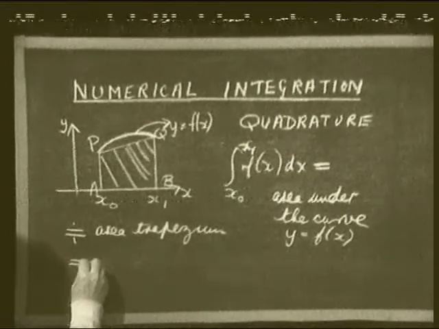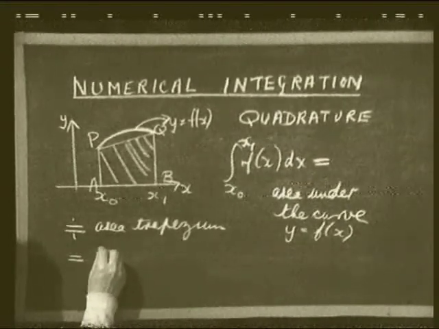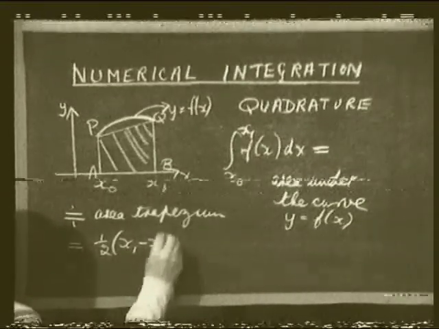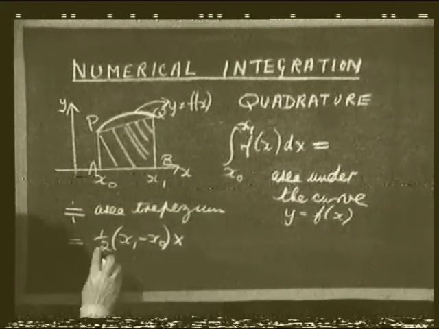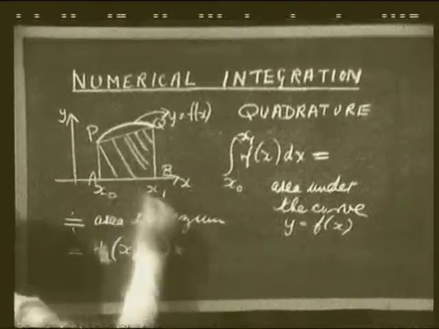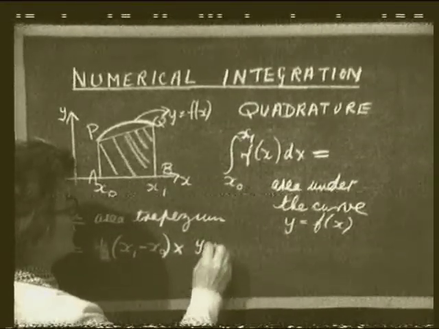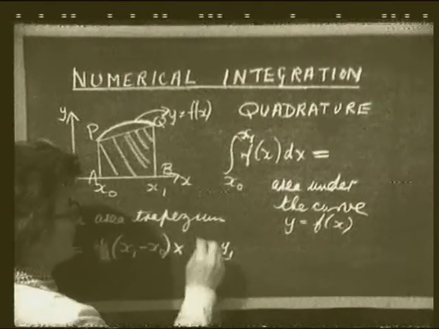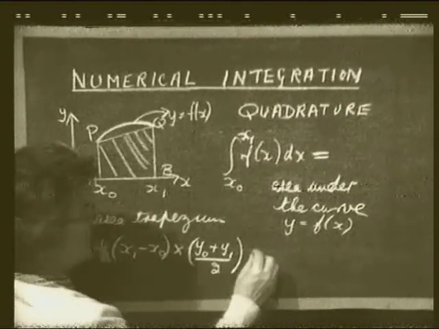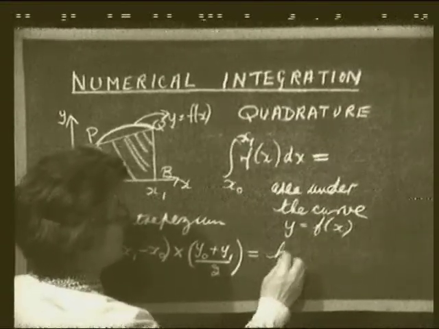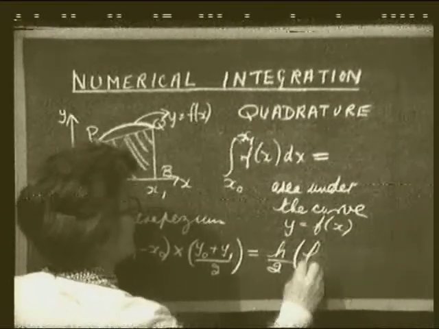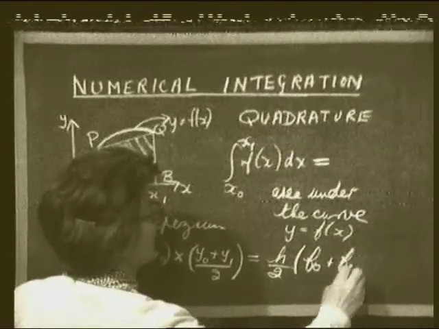Now the area of the trapezium is, from schoolwork, the base times the mean of the two heights. The height here is y1 and the height here is y0, so it's (y0 plus y1) over 2. Now x1 minus x0, as we've seen before, is usually written as h, and so we've got h over 2 times (y0 plus y1), or if you like the alternative notation, (f0 plus f1).